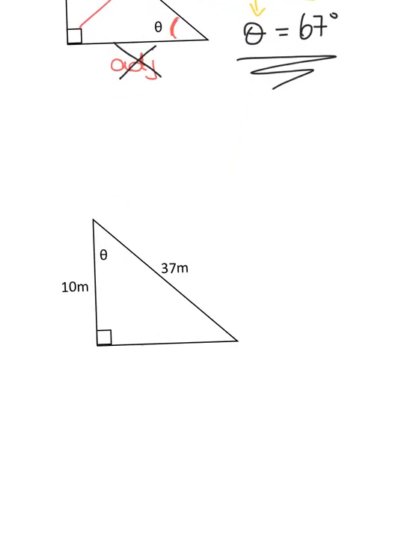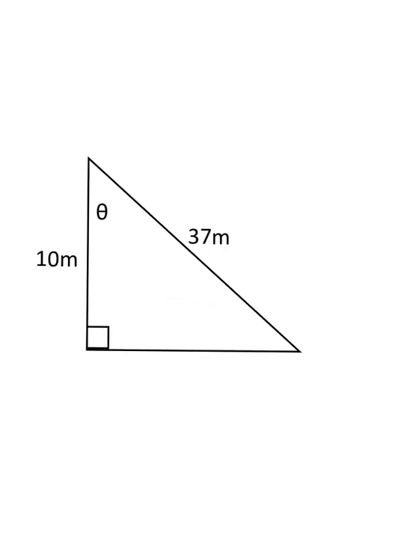Coming down here. So this time our theta is up in the top corner there. So up here is angle theta. So I'm going to start with my hypotenuse, which is always across from the right angle. So there's my hypotenuse. The opposite side is across from theta. So this time it's on the bottom. And the adjacent side is beside angle theta.